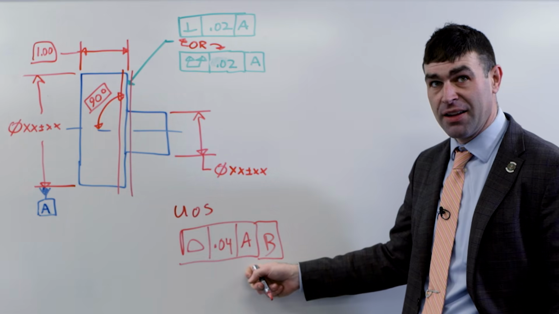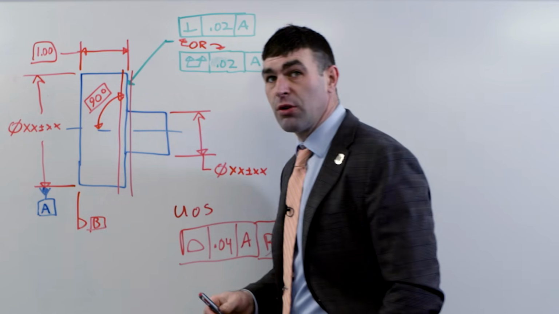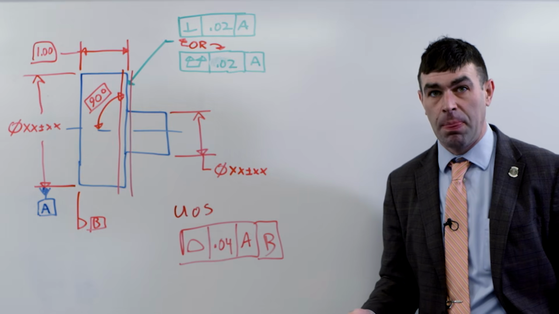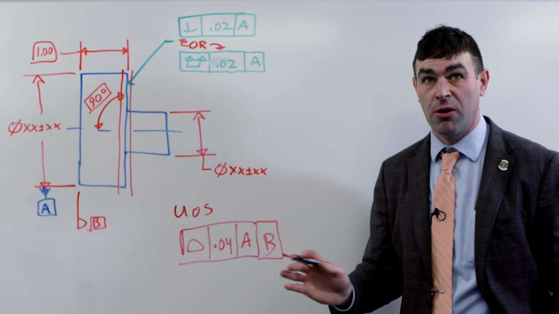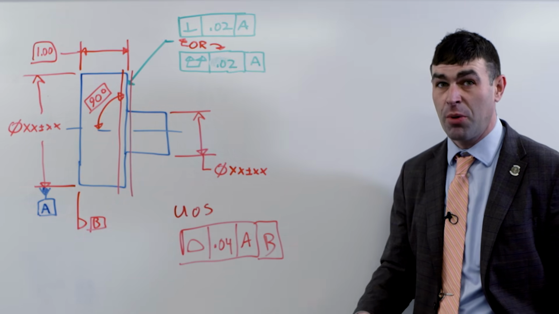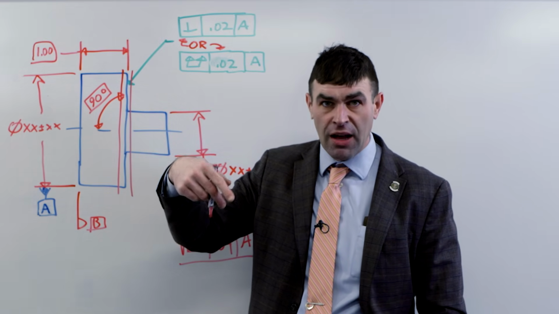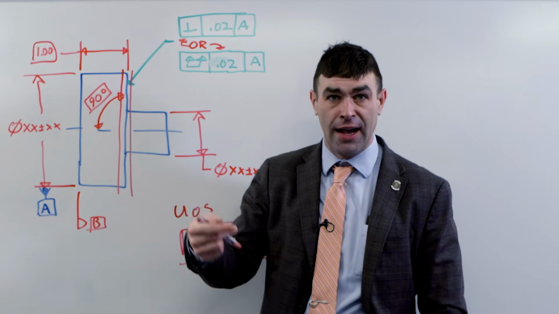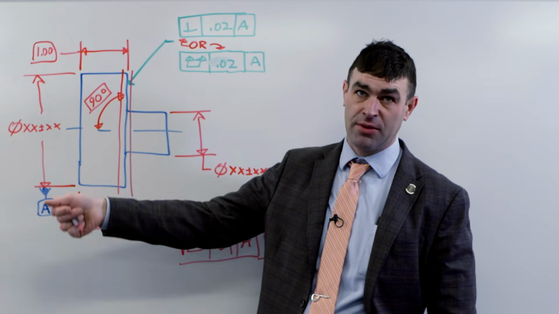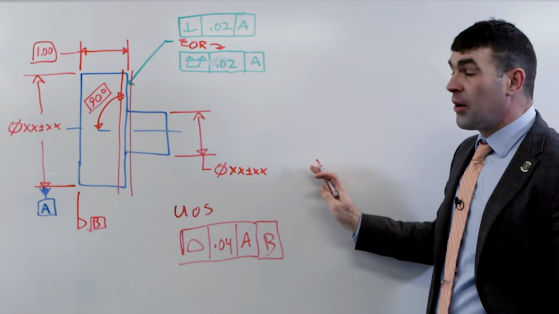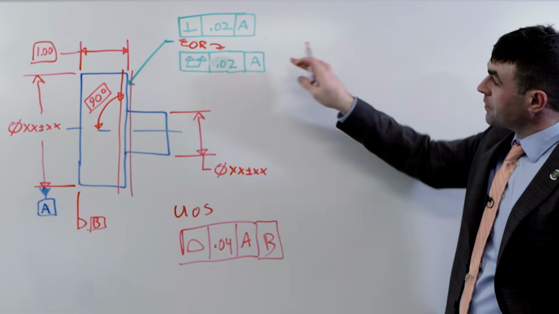It can't be A, it can only be oriented to A. So we need to make up a datum B. Now, I'm not saying one way is necessarily better than the other. I've seen plenty of turned parts that use plus or minus dimensions for everything except the actual cylinder, so all the left-right dimensions. Okay, that's perpendicularity.